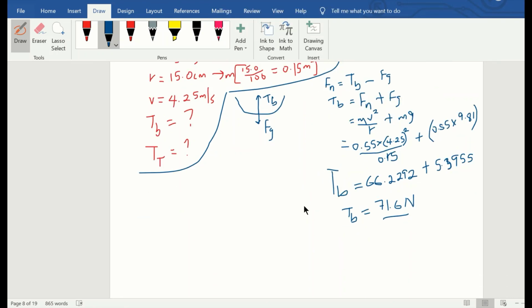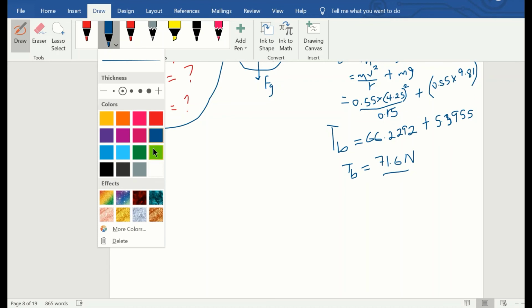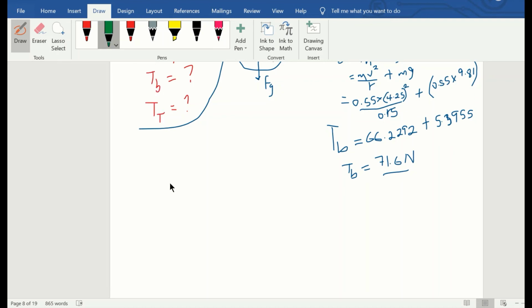So to get the tension at the top, if you don't mind, I can draw a sketch at the top. Here's the weight. And here is the tension at the top. So what I do now is that I find the net force.